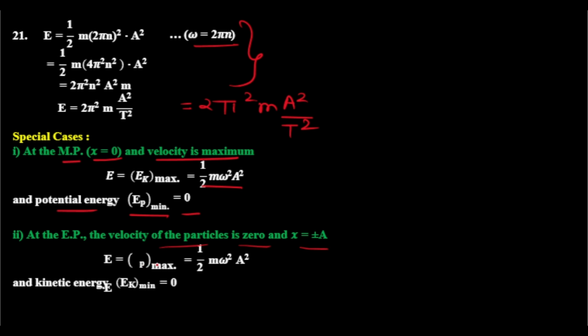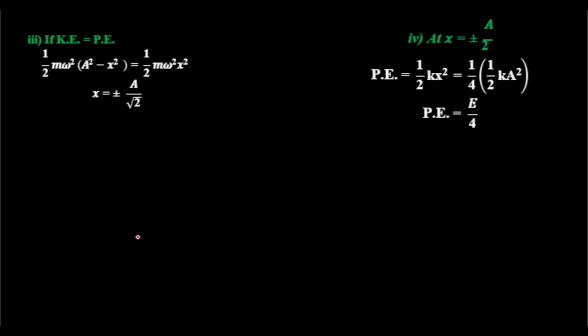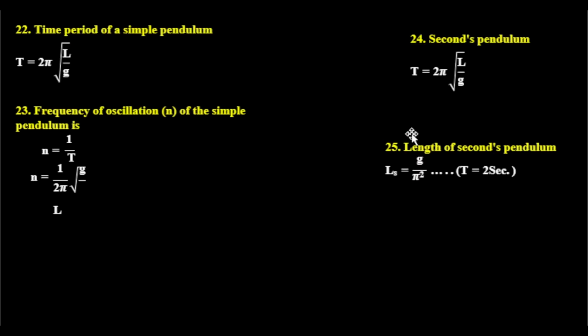So Ep max is half of m omega square a square, and kinetic energy Ek minimum is equal to 0. If kinetic energy is equal to potential energy, we get x is equal to plus or minus a by root 2. At x equal to a by 2, potential energy is equal to E by 4. Putting this in, we can get this answer.